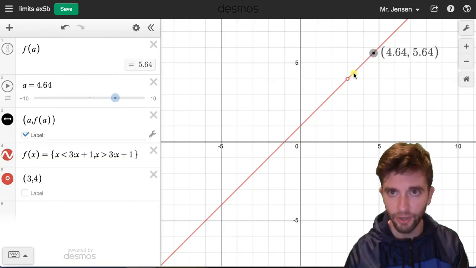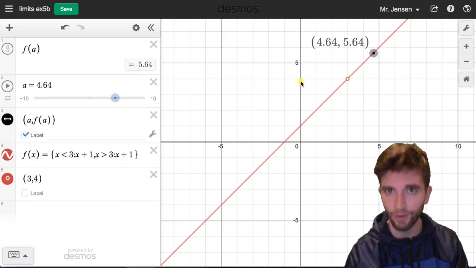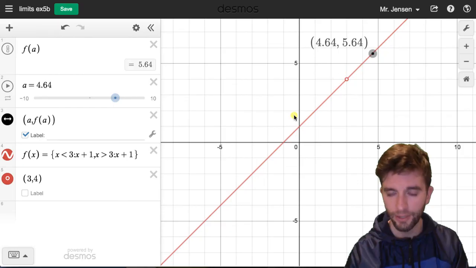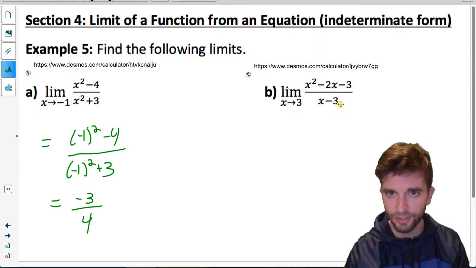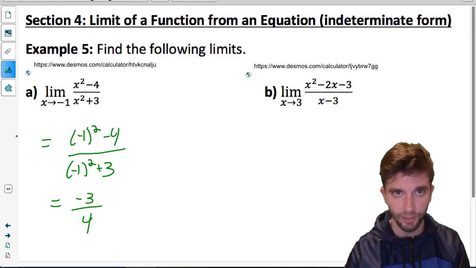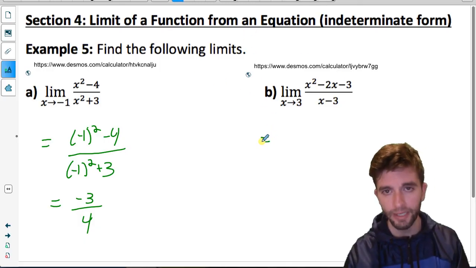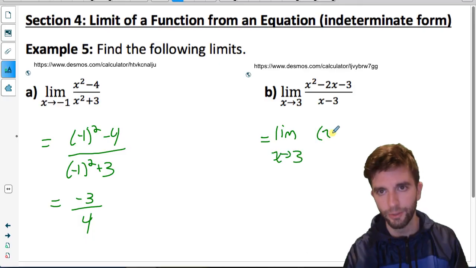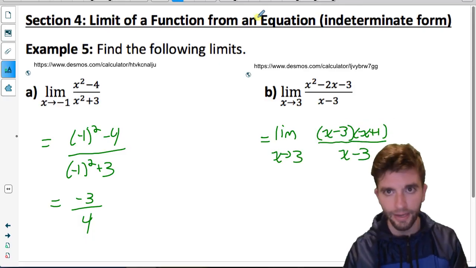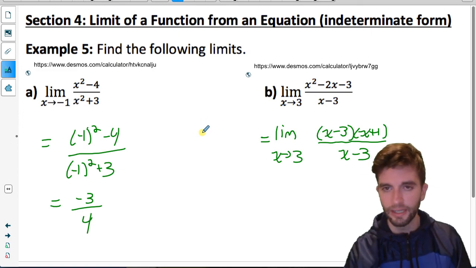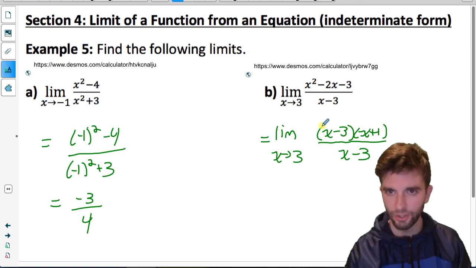So now I just have to figure out, well, where's that hole? What's the y value of that hole? We can see it's 4 by looking at this graph, but how are we going to do this algebraically? Well, like I said, I can't just plug 3 into this equation, because I get 0 over 0, which is indeterminate form. But what I can do is factor it. The numerator factors to x minus 3 times x plus 1. And then I can reduce this if I'm sure what I'm reducing is not 0 over 0.